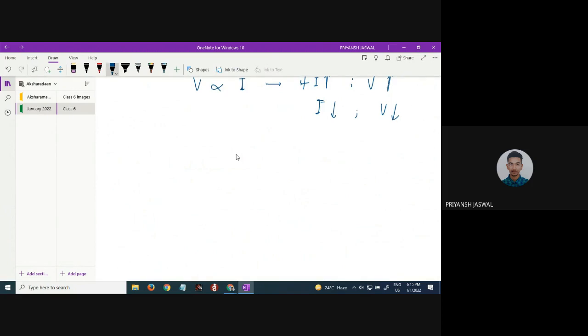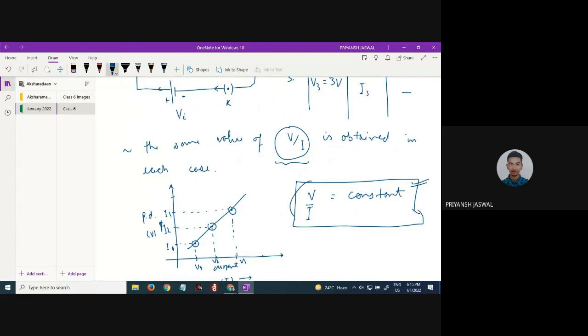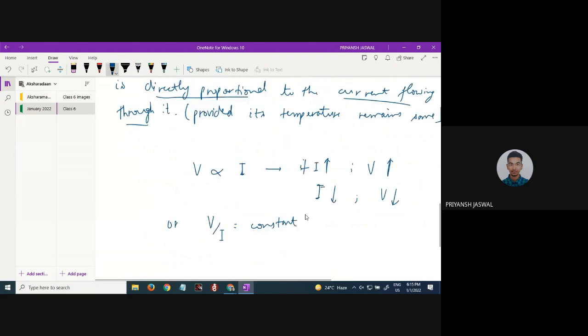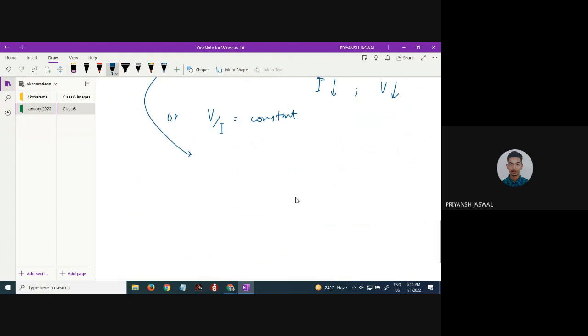Or we can simply say that V by I is equal to a constant, which we observed in the above experimental setup also, where V by I was coming approximately constant. To remove this proportionality sign, we put the equal sign to make it an equation, and you have to put a constant here.